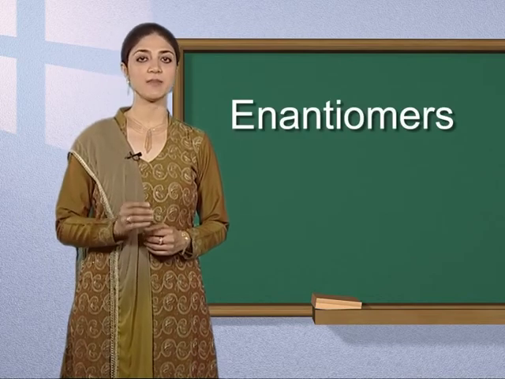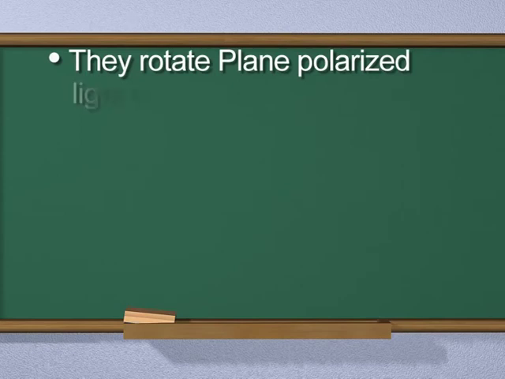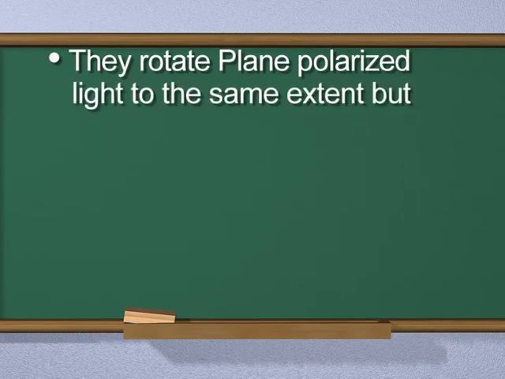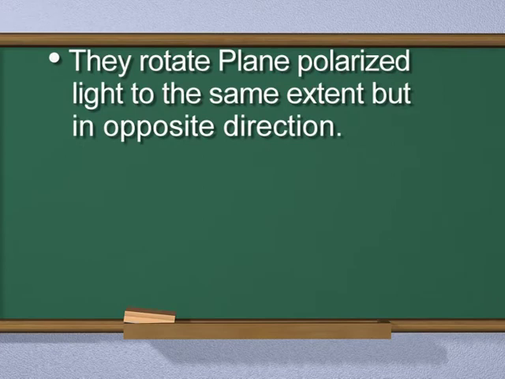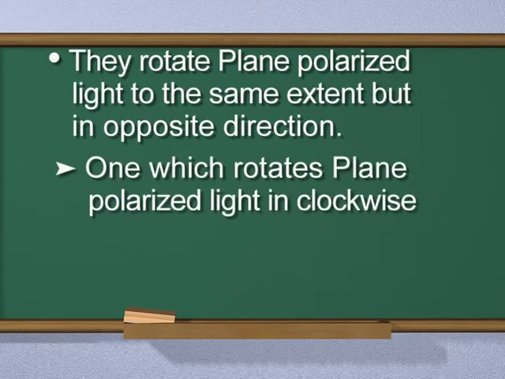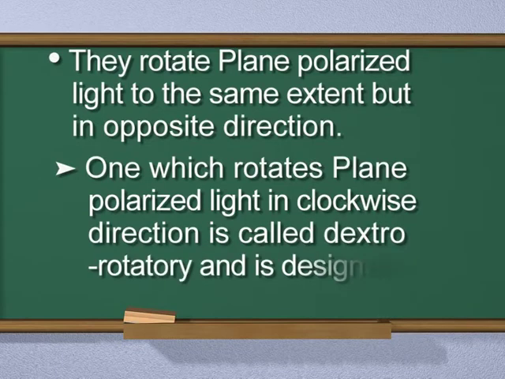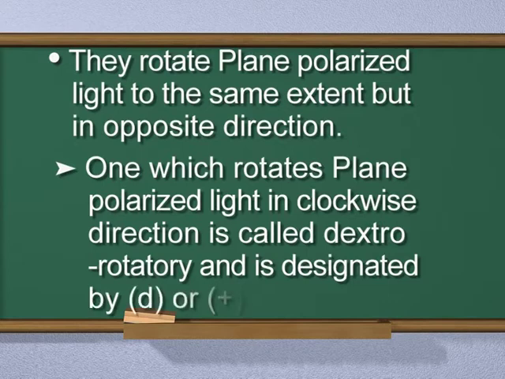All the physical and chemical properties of enantiomers are the same except 2. They rotate plane polarized light to the same extent but in opposite direction. One which rotates plane polarized light in clockwise direction is called dextrorotatory and is designated by D or plus sign.